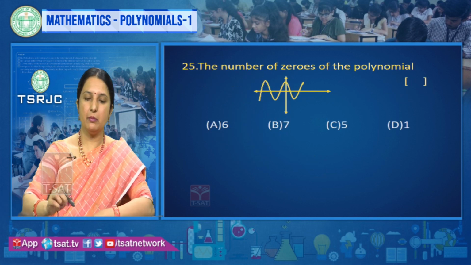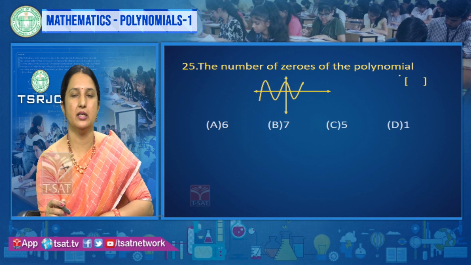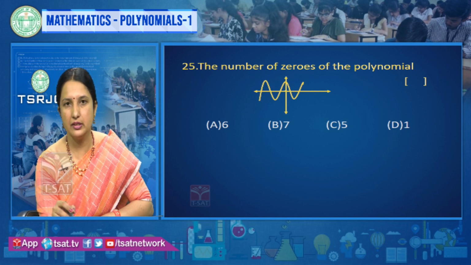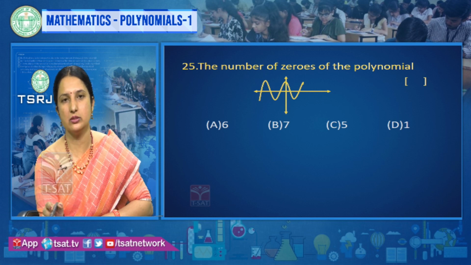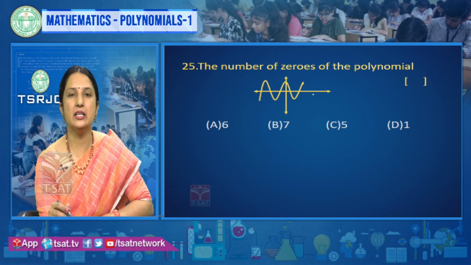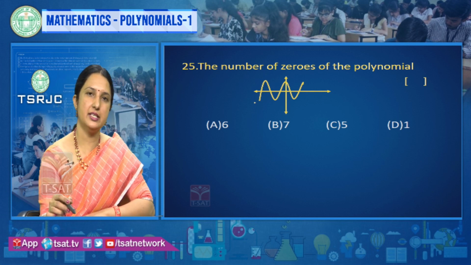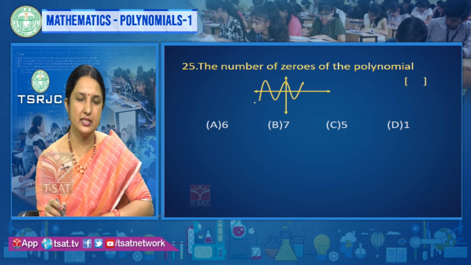Next, the number of zeros of the polynomial. When the polynomial is given in the form of a graph, you have to observe the x-axis only. On the x-axis, if the given graph or curve or line touches or intersects at how many places, that many zeros it contains.